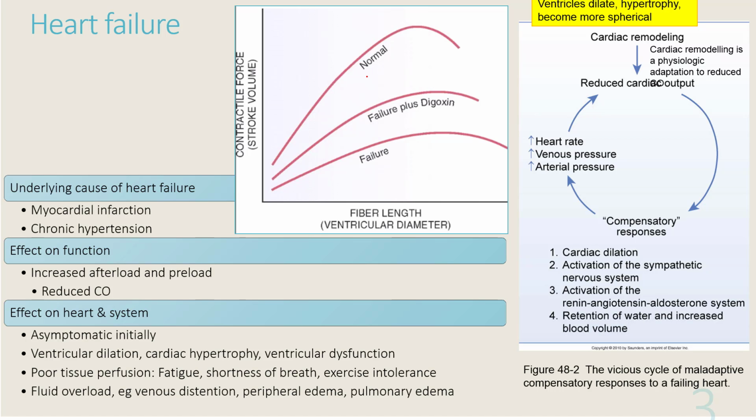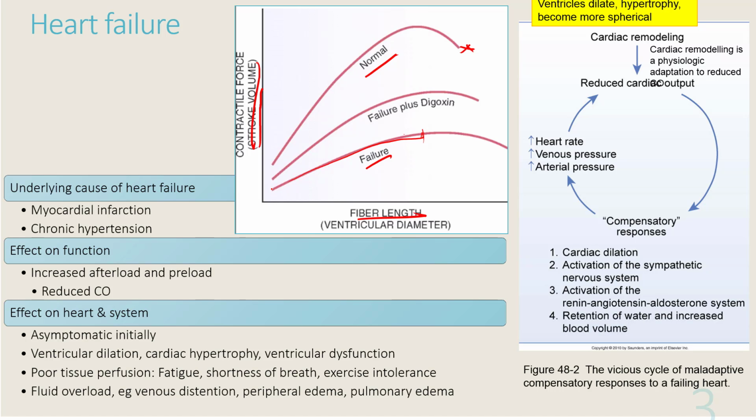this is what happens. You see, this is the normal relationship between fiber length and contractile strength. This is what happens in heart failure. As the fiber length increases, the amount of work that the ventricles are able to do doesn't increase anywhere near as much.